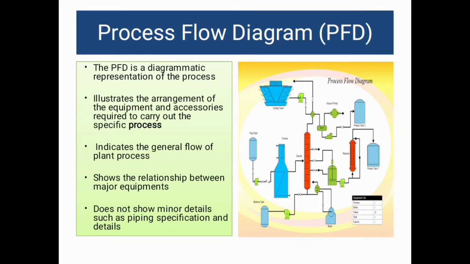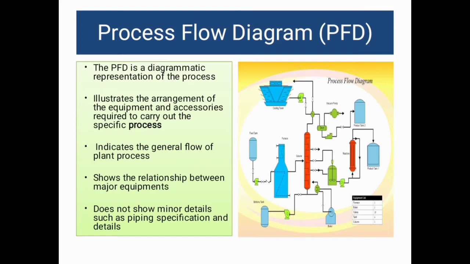You have to memorize, you have to visualize that at the center of the plant one distillation column is there. Before the distillation column, a furnace is located. After the distillation column, one mixing tank is there. The distillation column starts on the ground floor and ends at the 8th floor. Above the 8th floor, there is one cooling tower.